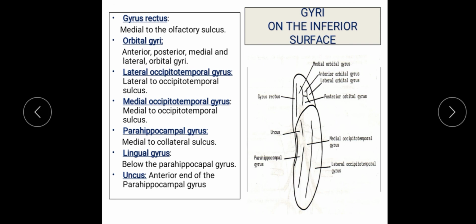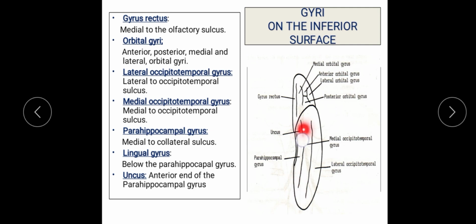Area medial to the rhinal and collateral sulcus is known as parahippocampal gyrus. Area below the parahippocampal gyrus is known as lingual gyrus.